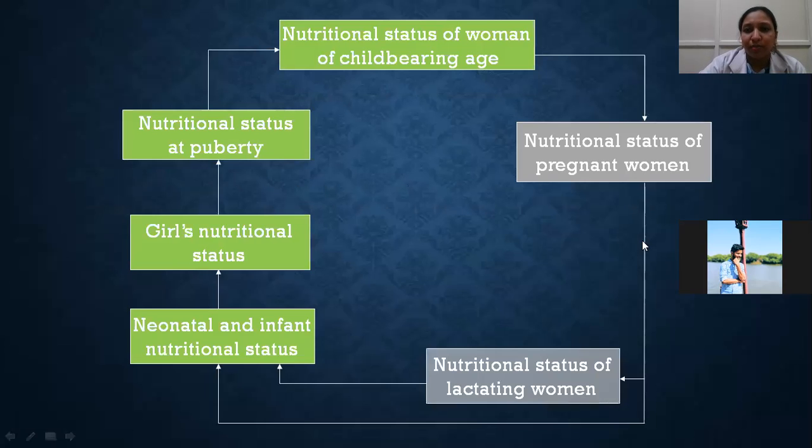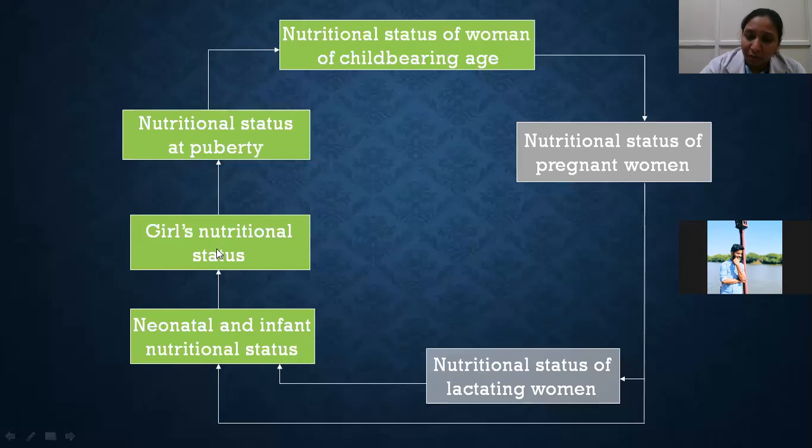So if you see here, definitely the nutritional status of a pregnant mother is very important because that would have an impact on the lactating status. If she is well nourished, taking a good amount of food, enough calories and proteins, she can give breast milk. Then the baby which she gives birth to would be healthy. If it is a girl child, she would eventually reach menarche and will be coping with a lot of problems.